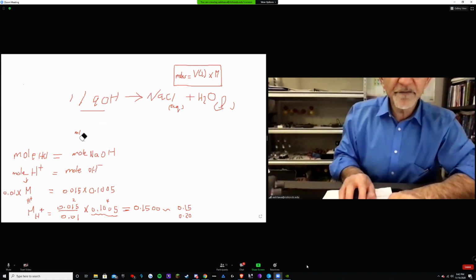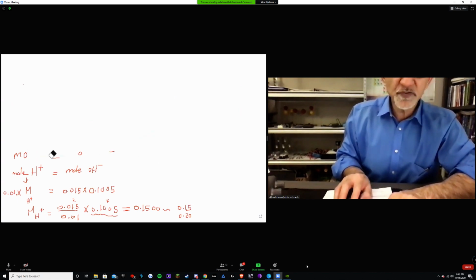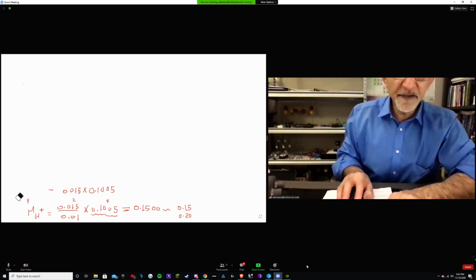So far we have the following information. We know the molarity of the added sodium hydroxide. We know how much it took to reach the equivalence point. We know the volume of the acid being titrated. What's left to find? The molarity of the unknown.